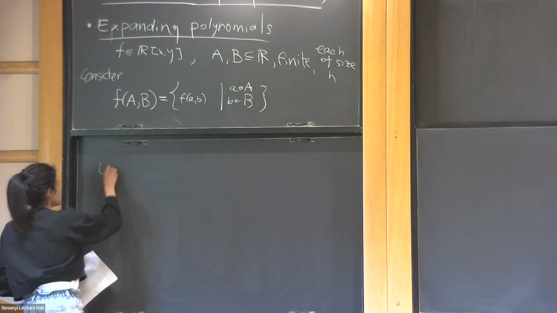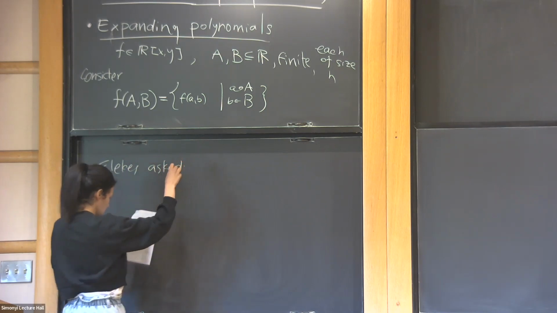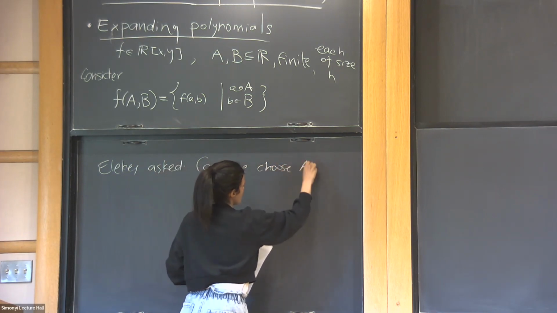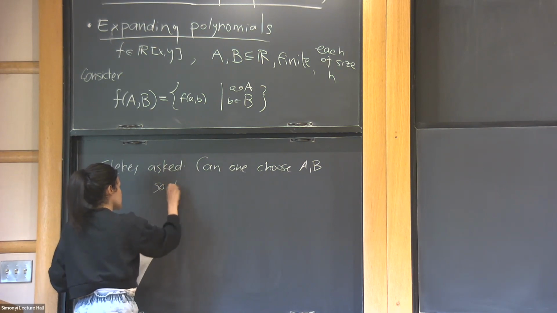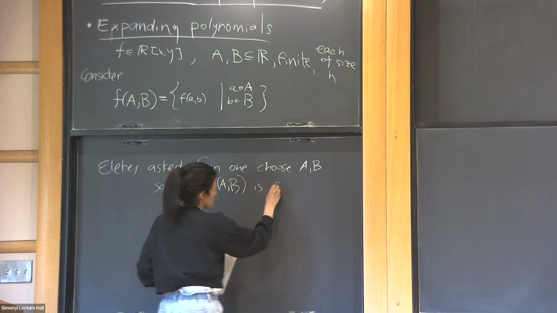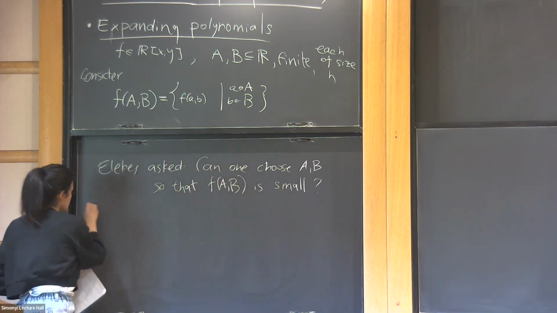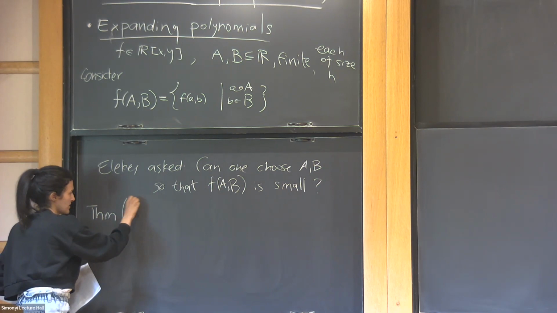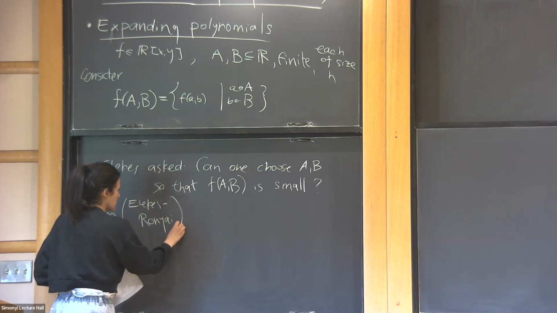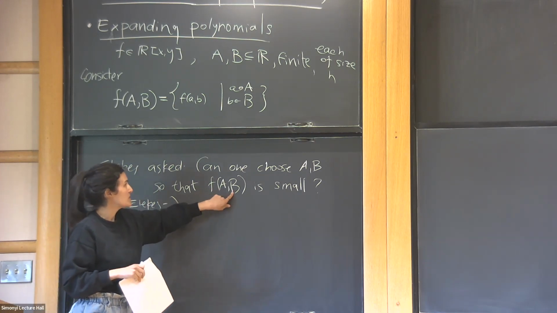So Elekes asked: choose A and B so that f(A, B) is small. And in a paper from 2000, Elekes and Ronyai proved that for most polynomials, we cannot choose the sets A and B so that the image would be very small.